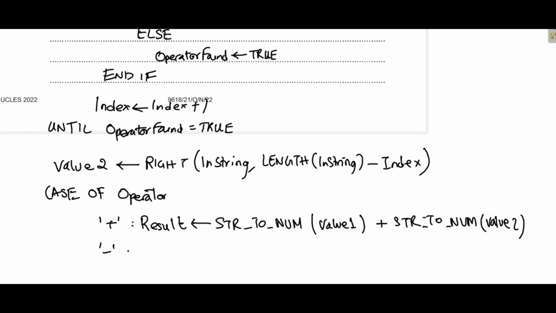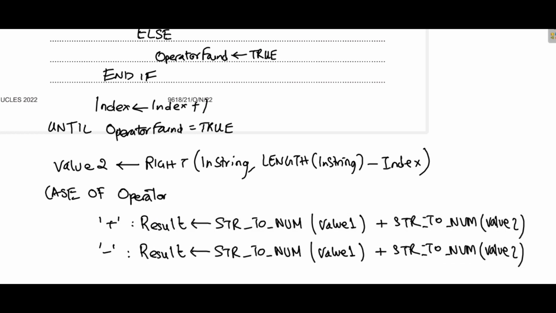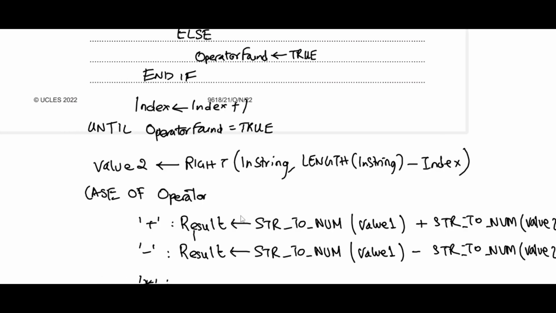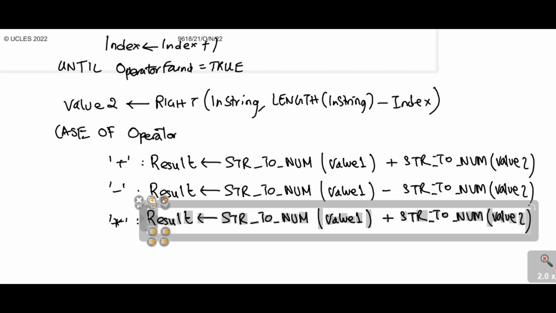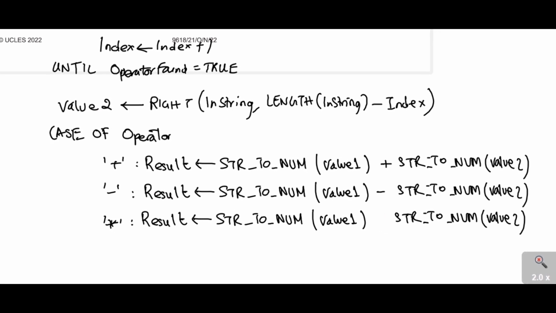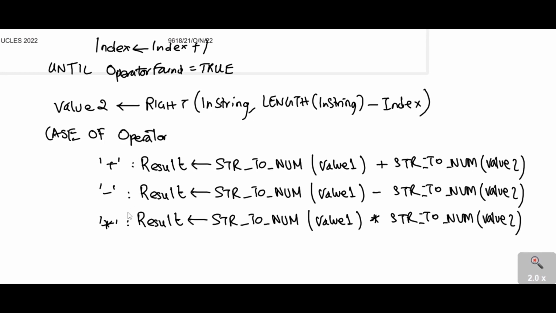If it's a negative, just for making things easy for myself, I'm going to go ahead and copy this. Put a negative. Then for my results over here, this is going to be multiplication. I'll copy this a little bit later.